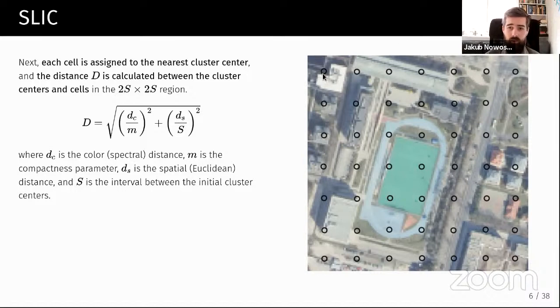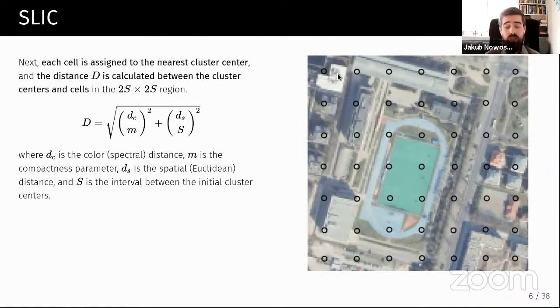For example, let's consider the center cell in the top left corner. We need to consider two things here. Firstly, the spatial distance. For example, how far this cell is from this center, and how far this cell is from this center. This cell is certainly closer, and this cell is farther.